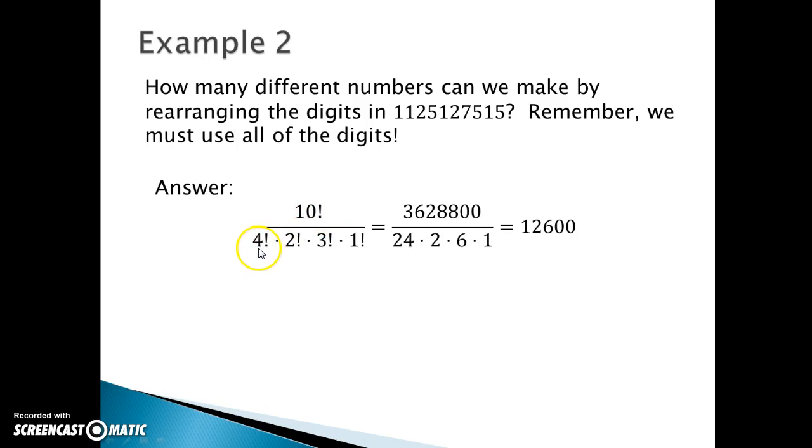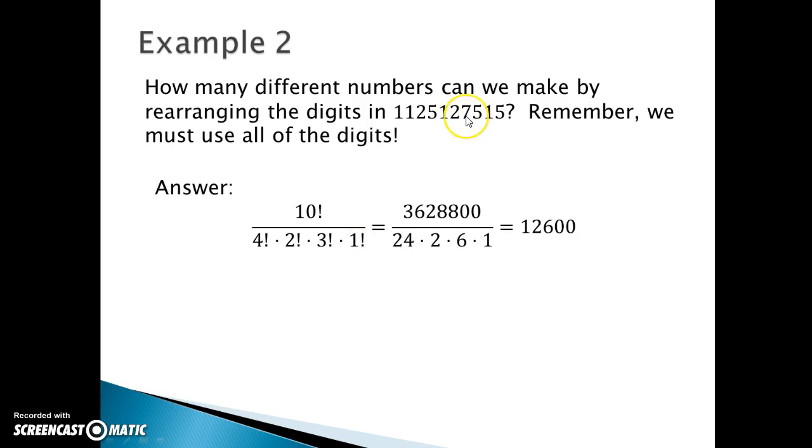And then we move to the denominator. 4 factorial is coming from the fact that we have 4 ones in this sequence of digits. I'm just going through numerically, so 2 factorial comes from the fact that we have 2 twos in this string of digits. 3 factorial comes from the fact that we have 3 fives.